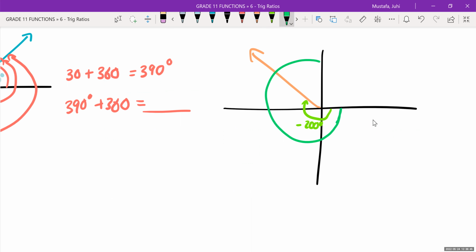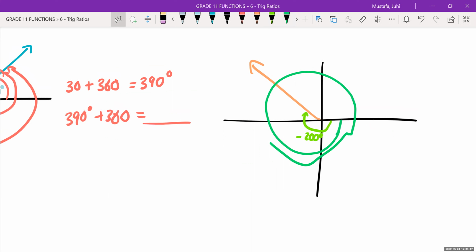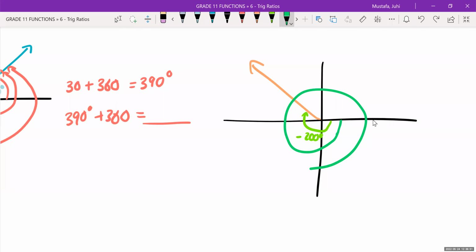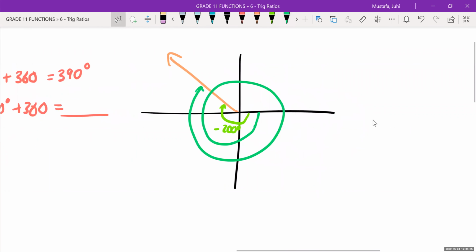You're going to do a full circle and then you're going to add whatever was from at the beginning. So it's going to be negative 360 degrees minus 200 degrees, which is going to give me negative 560 degrees. So if I'm asking you for a positive coterminal, you're going to add 360. If I'm asking you for a negative coterminal, you're going to subtract 360. And that's really it. That's the whole concept.